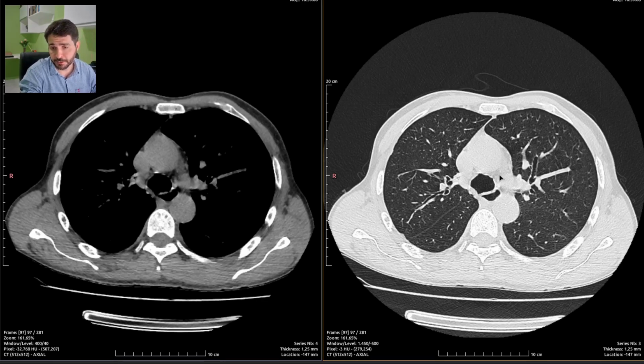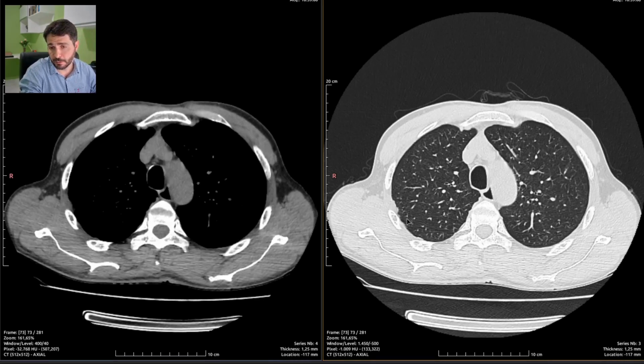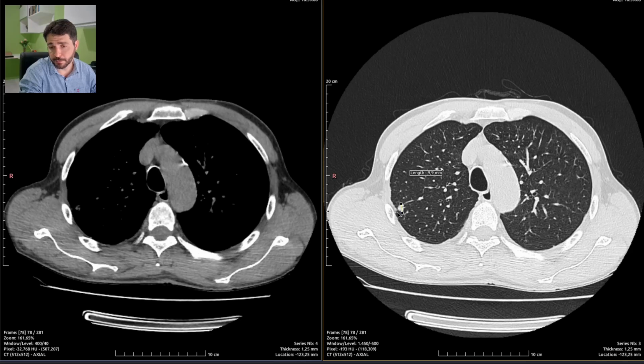And that particular nodule right here, this posterior segment of the upper right lobe. So let's call this a separate description just to draw attention to it.